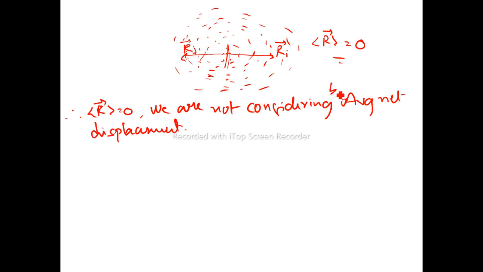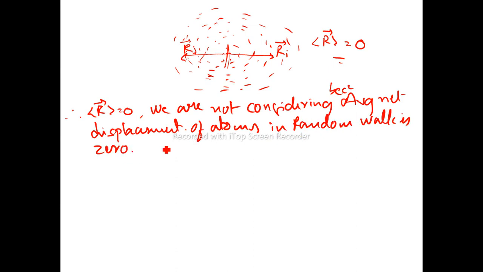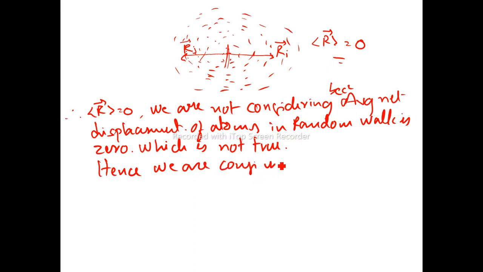We are not considering it because the average net displacement of an atom in a random walk is 0, which is actually not true. Hence, we are considering a mean square displacement.